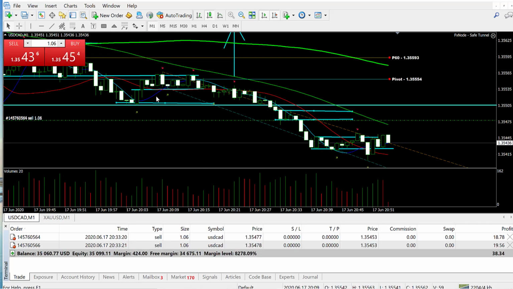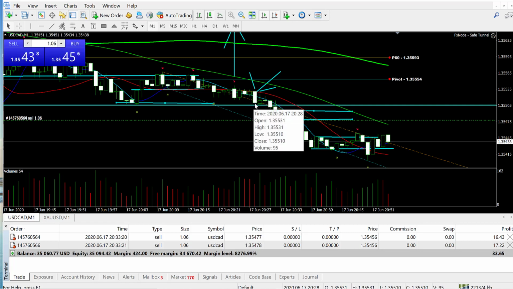And so what I want to show you is a little technique that'll help you understand what direction your trade is going and when to buy. I want you to pay attention to this candle right here. See this candle? This is a long exhaustion candle.